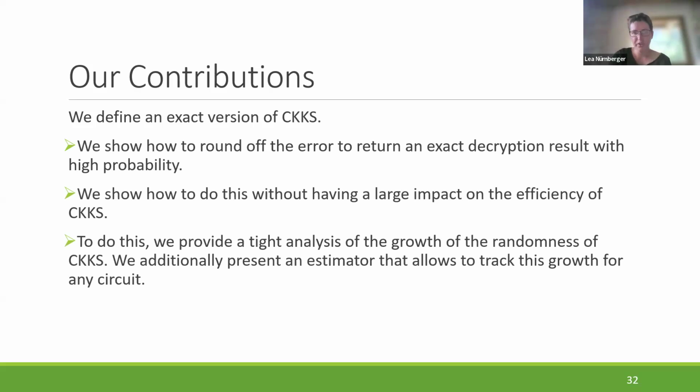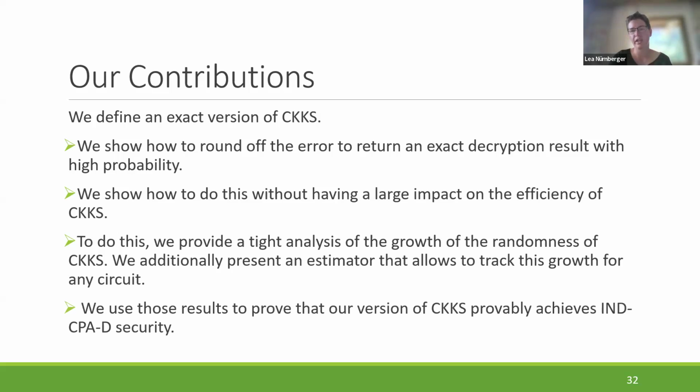So to do this, since we want to remove an error, we need to have a tight analysis of how this error grows. So we first propose a tight analysis of the growth of the randomness in CKKS, and also, as an additional tool, we present an estimator that allows us to track this growth for any circuit, which might also be of additional practical relevance. And we use those results to prove that our version of CKKS provably achieves q-IND-CPA-D security.